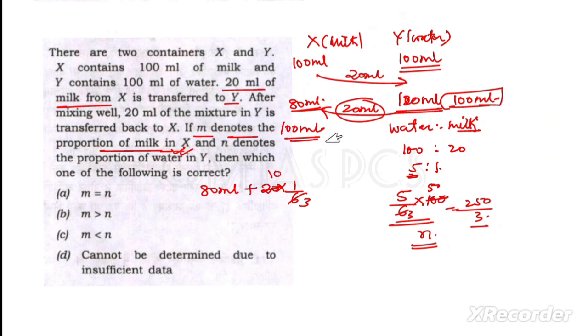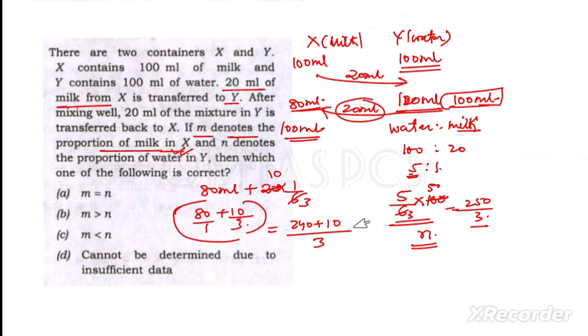So we have to write 80 plus 10 by 3. Now we add, this will be the volume of milk in X. Here the LCM of 1 and 3 is 3, so 240 plus 10, that is 250 by 3. So this is the volume of milk in X, and this is the volume of water in Y.